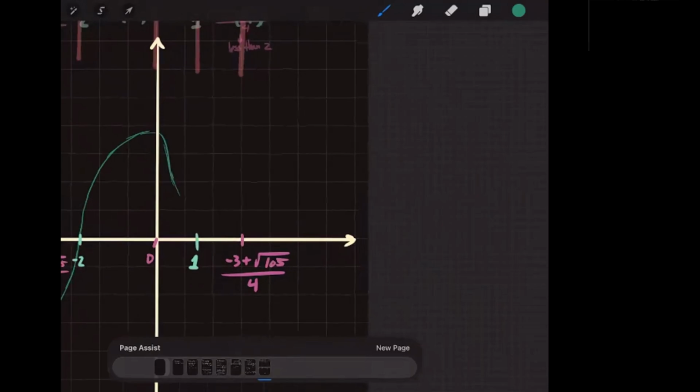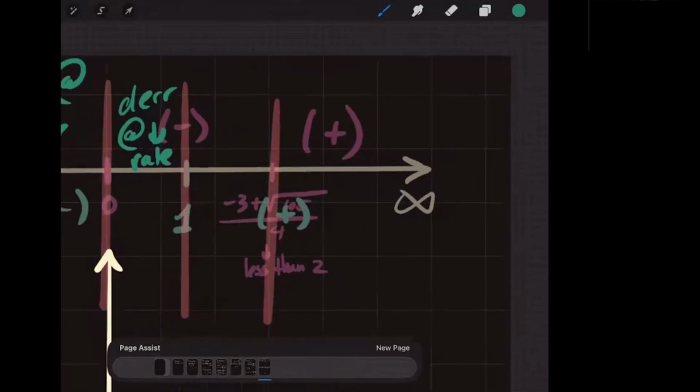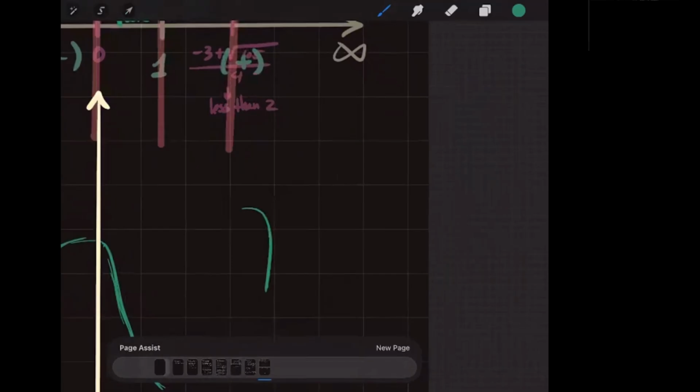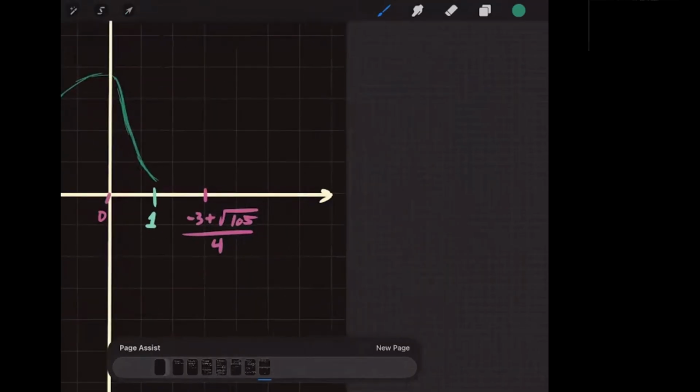So it's more dramatic up here, more smooth around here, right? And then here we are decreasing at an increasing rate. Decreasing at increasing is more dramatic, right? So we'll kind of curve it down even more.